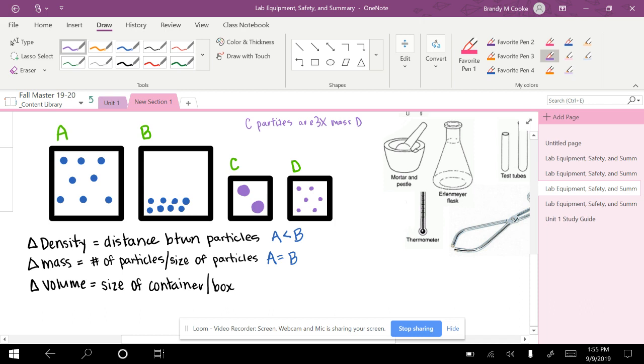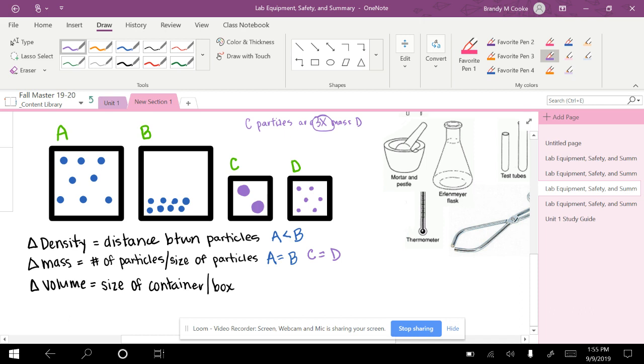So looking at the mass, sure, these C particles are much bigger compared to the D particles, but for every 1, 2, 3 Ds, I'm going to have 1 C, and then 1, 2, 3 for 1. So according to the relationship, from size to size, C's mass should be equal to D's mass.